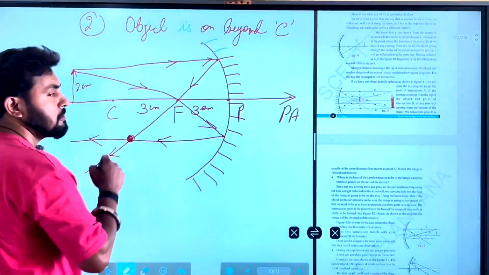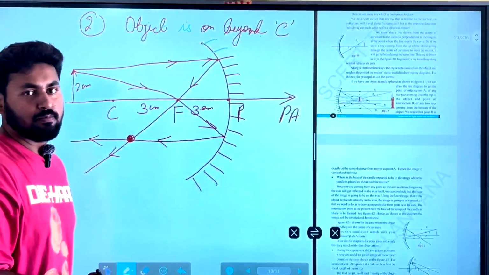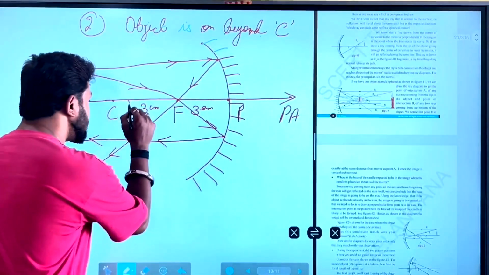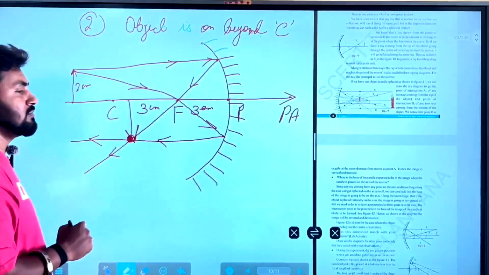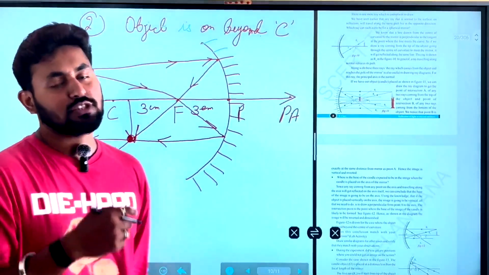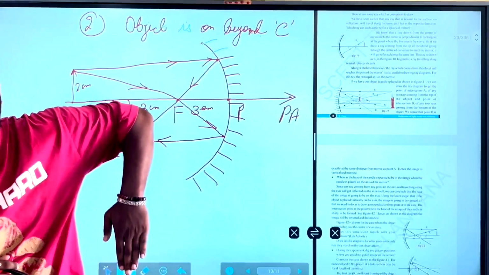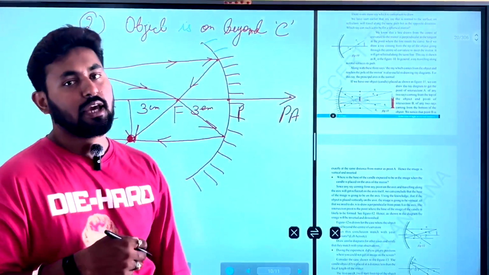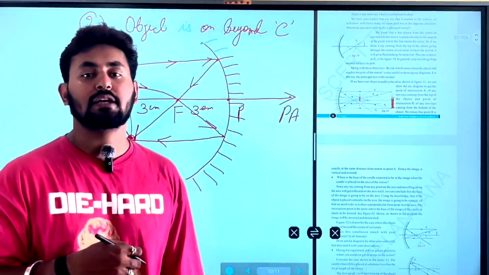The image is getting formed over here. Now, how is the image? Image is like this, opposite. See, the object is like this and the image is like this, which is inverted. That is, the nature of the image is real and inverted.